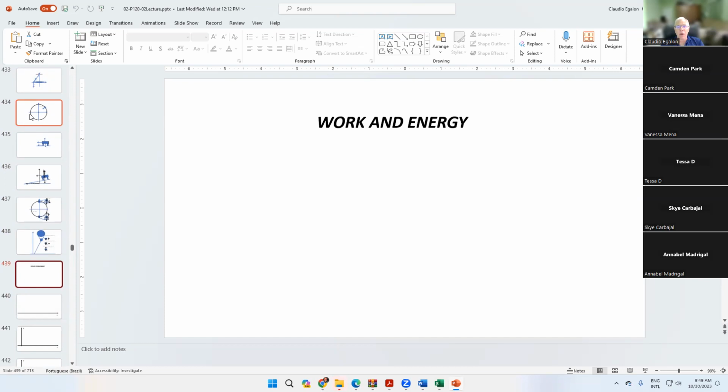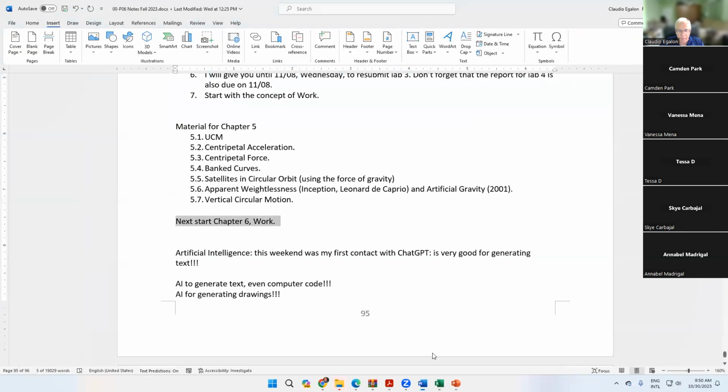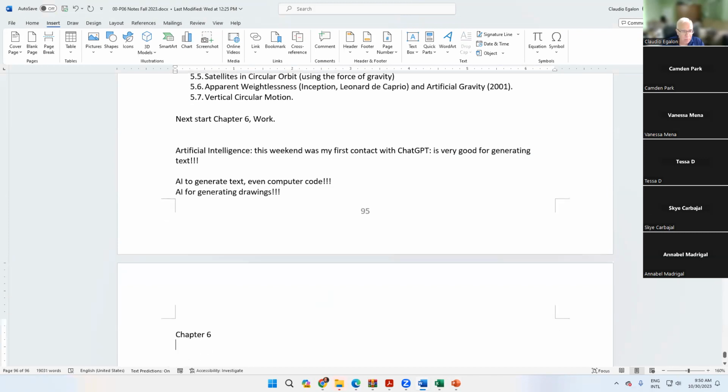We want to start with work and energy. Energy is a concept closely related to work. And in physics, we first introduce the definition of work, and later we work out the definition of energy. Chapter 6: Work and energy.